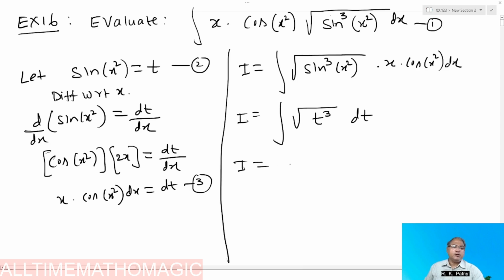So I equals to integration of t raised to 3 by 2 dt, which is t raised to 3 by 2 plus 1 upon 3 by 2 plus 1.